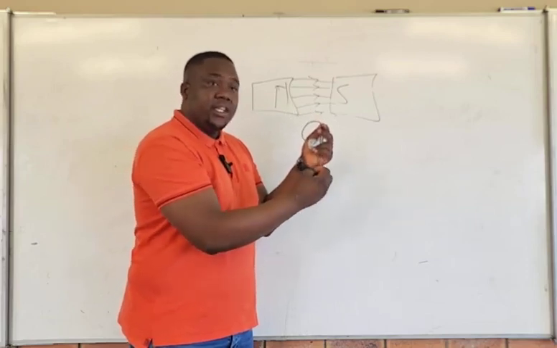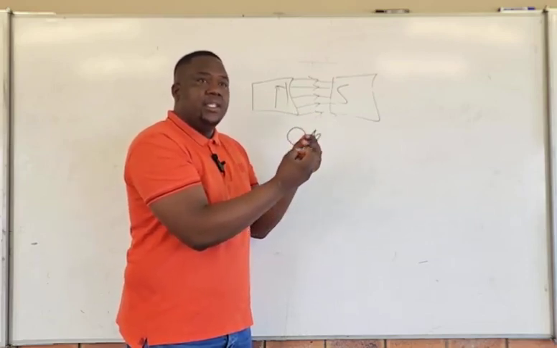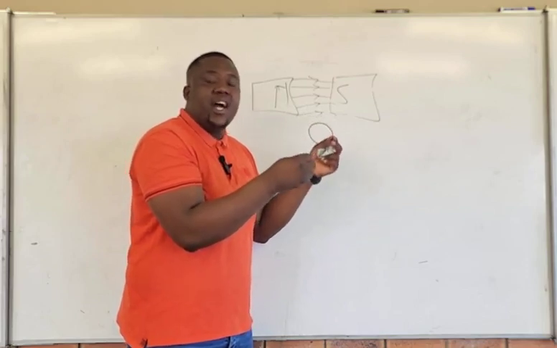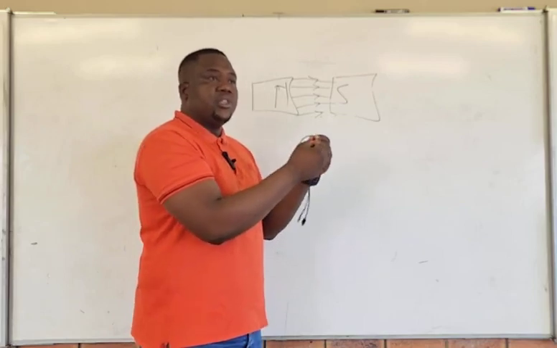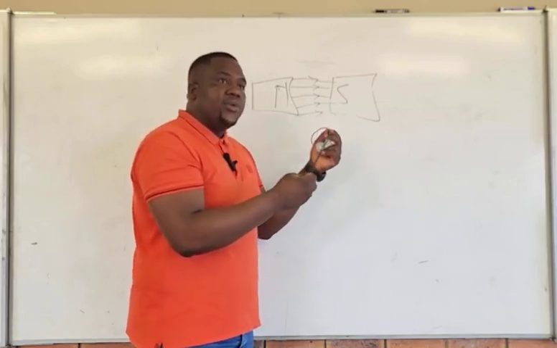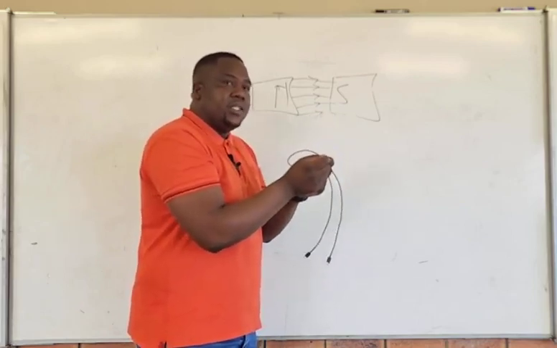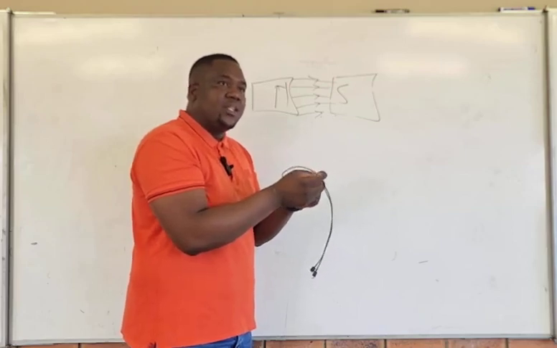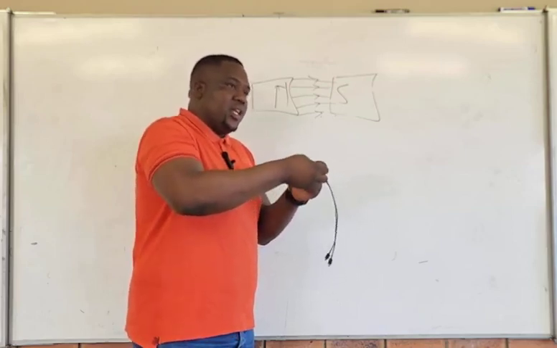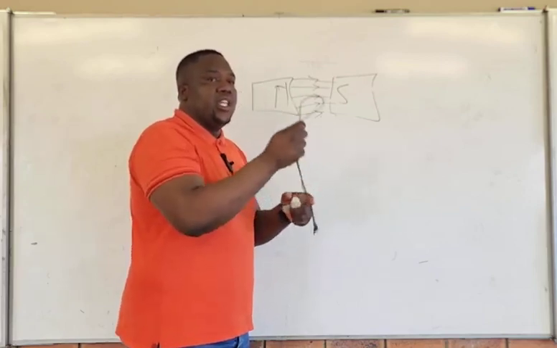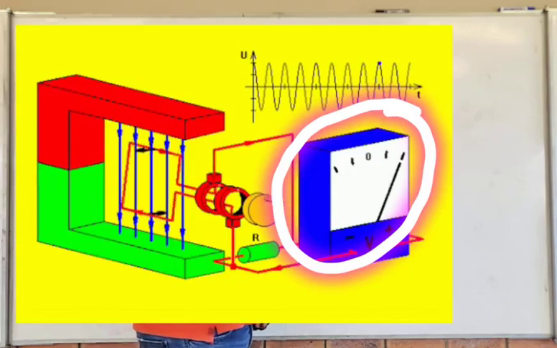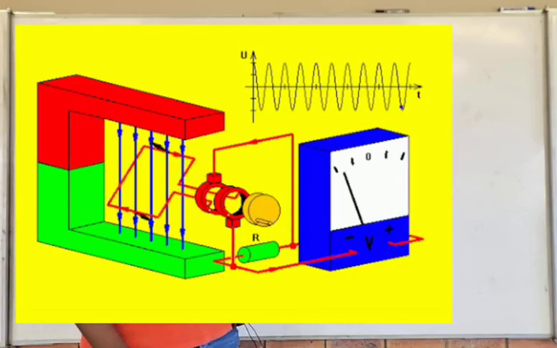So if you take the ammeter to check the current, or a voltmeter to check the voltage, you'll find that the voltmeter reading will start to increase, to show that when you move an electrical conductor between two magnets, you are going to produce some sort of electricity.